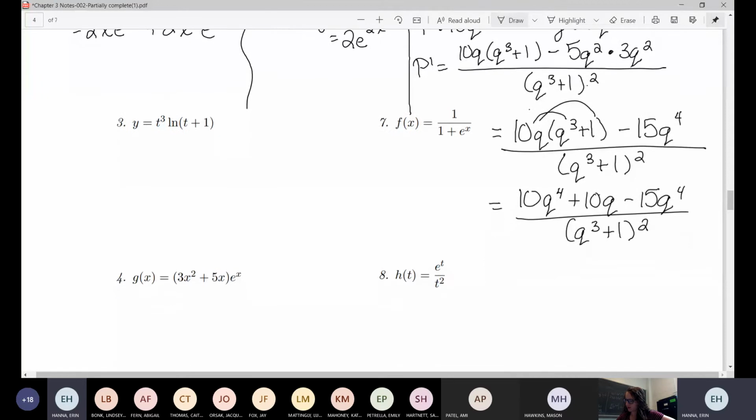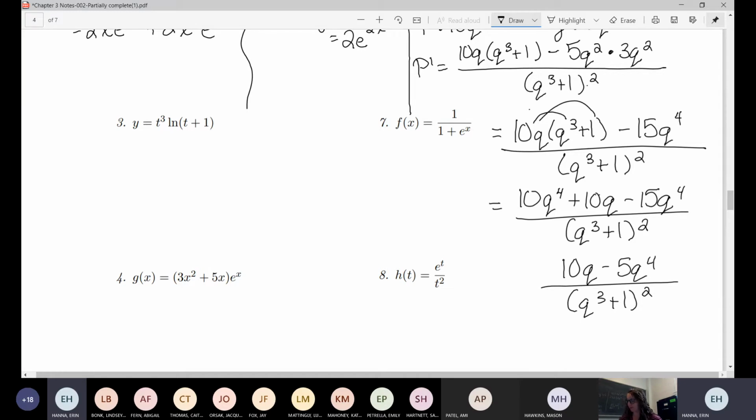And then you've got two things that have a q to the 4th, so 10q to the 4th minus 15q to the 4th. So 10q minus 5q to the 4th divided by q cubed plus 1 all squared. I don't think there's any more algebra we could do on that, because if you expand that out, that would be gross. You could pull a 5q out of the top, but it's not really going to simplify it anymore.